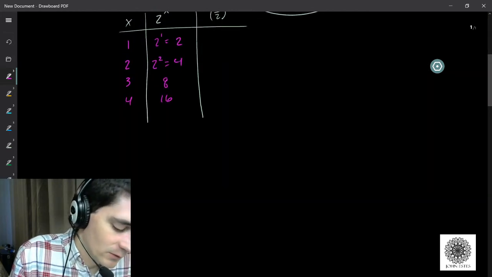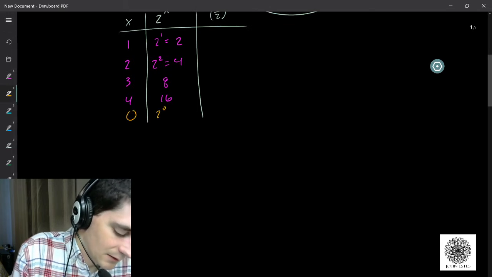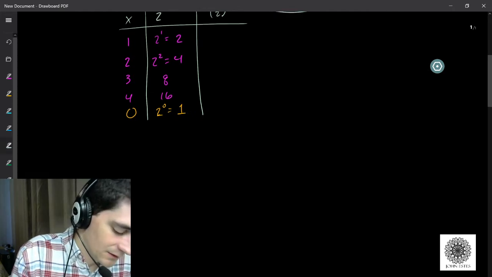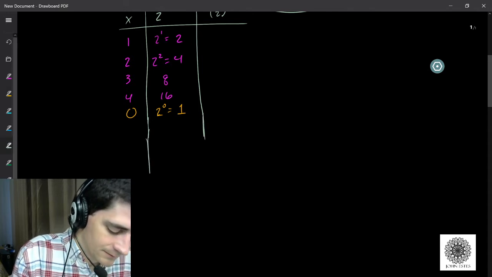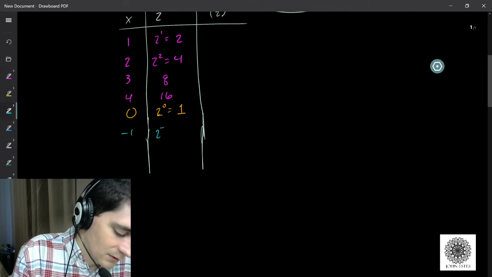Now, a couple of things we want to point out. If I plug in 0, I get 2 to the 0, and 2 to the 0 is 1. All right, and I wrote it in yellow because that'll stay constant regardless of the base. And let's do a couple more. Let's extend my table down. Let's pick, how about -1? Well, then that means I have 2 to the -1 power.